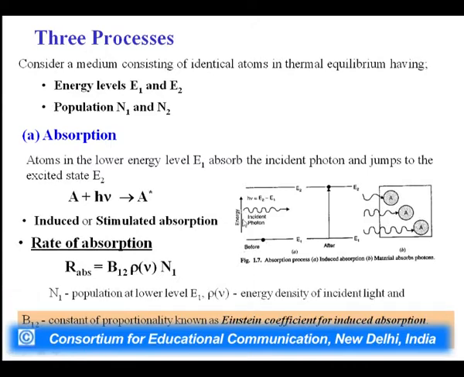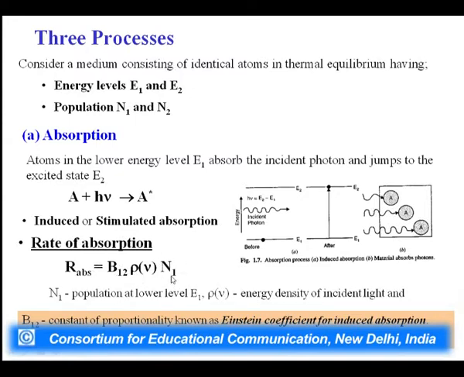Here these are the energy levels, and electrons absorb the energy of a photon h nu and jump to the higher state, which is defined by A plus h nu, and it is in the excited state, defined by A star. This is known as induced or stimulated absorption. What is the rate of absorption? The rate of absorption R is equal to B12 rho nu N1.